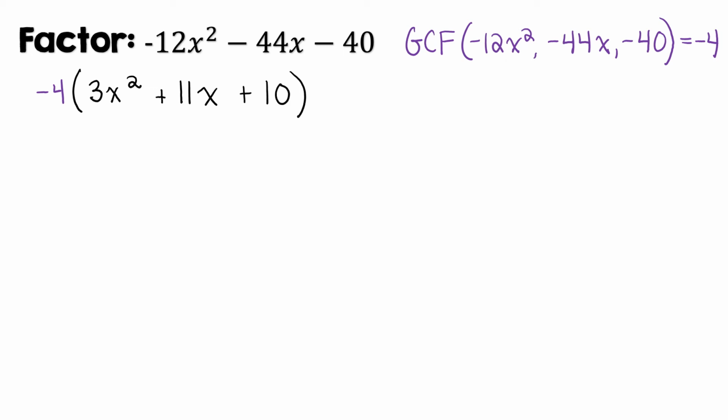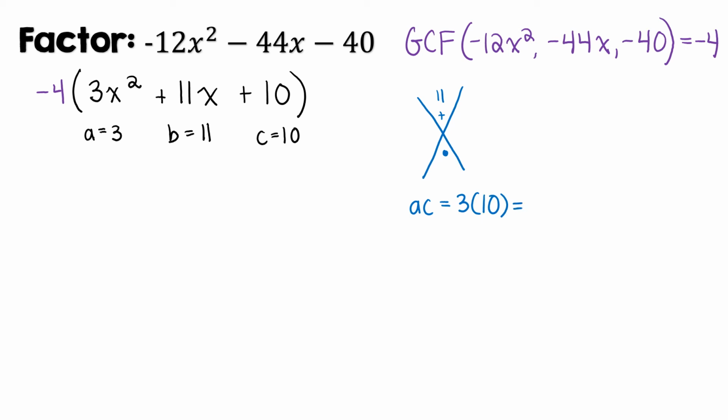Now we can use the AC method. So we'll identify A, which is 3, B, which is 11, and C, which is 10. And we need to find numbers that add to B, which is 11, and multiply to AC, which is equal to 3 times 10, which is 30.